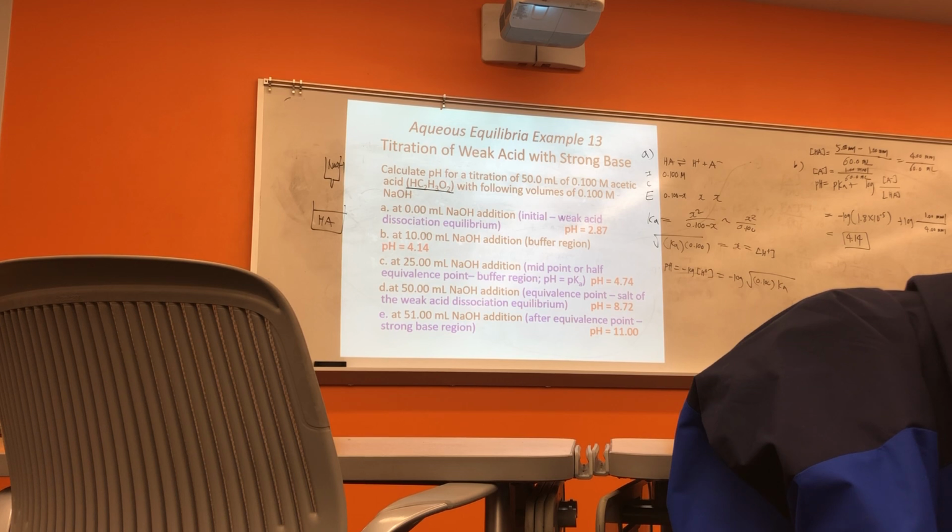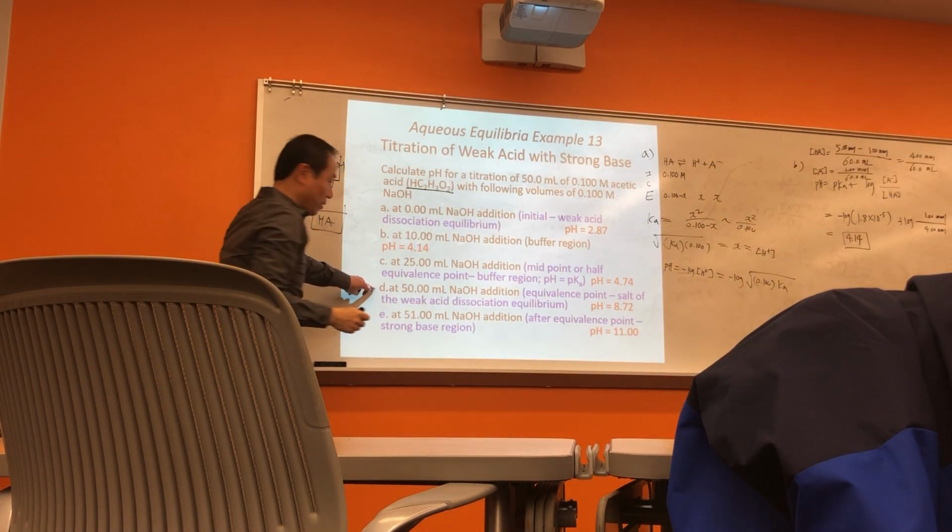So this is just a salt problem, okay? Because you have conjugate base of this amount, that guy will start to hydrolyze in the water. And we know this is 5.00 millimole inside of the volume.